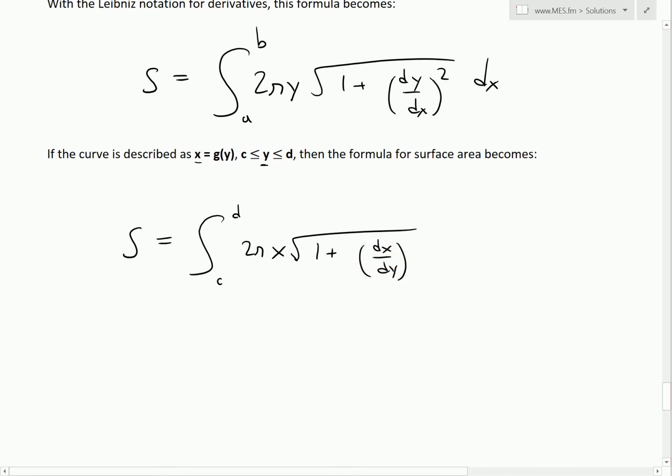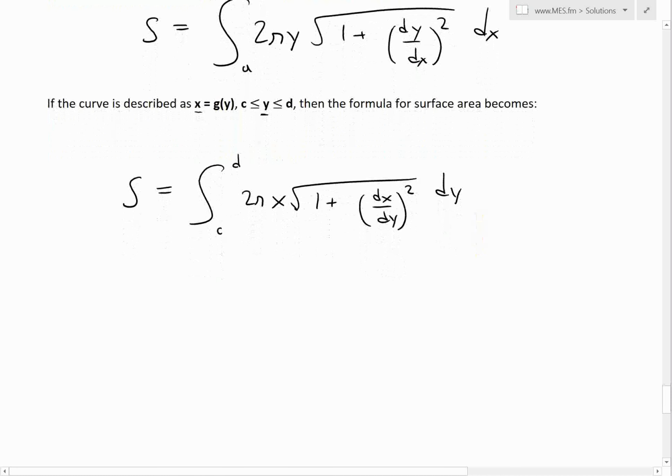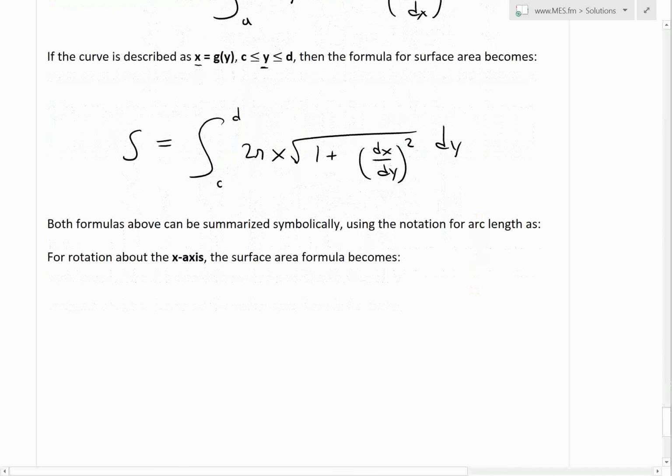Now we have dx over dy, the derivative in terms of y, squared, and then dy as an infinitely small subinterval, because we're dealing with it vertically. I'll graph that out soon.